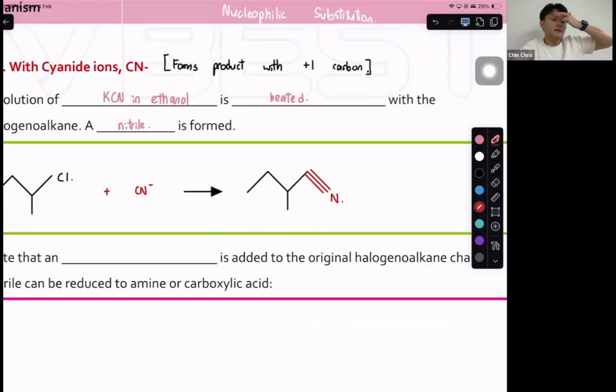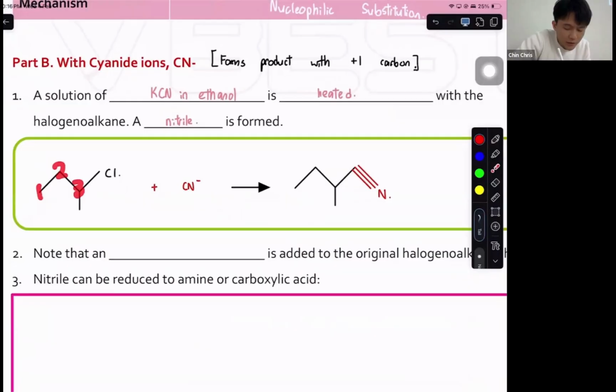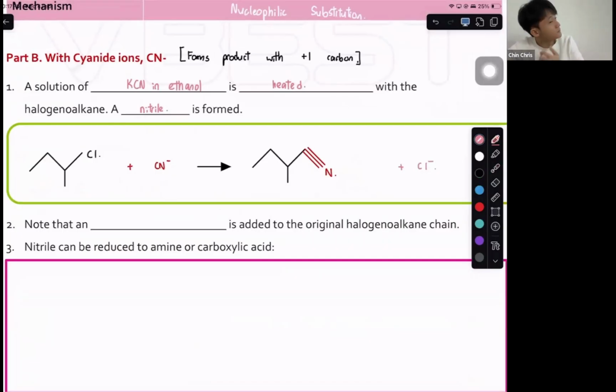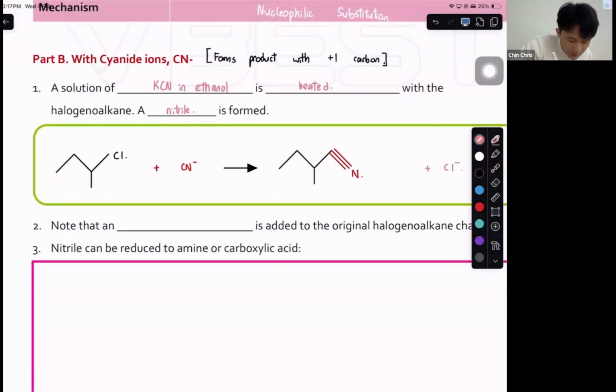Alright, guys, you see, from 1, 2, 3 carbon turns into 1, 2, 3, 4 carbon. Get me? So this reaction will always increase the carbon number by 1. So from this, we call it a chloropropane.